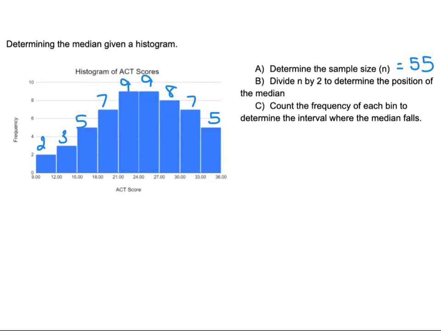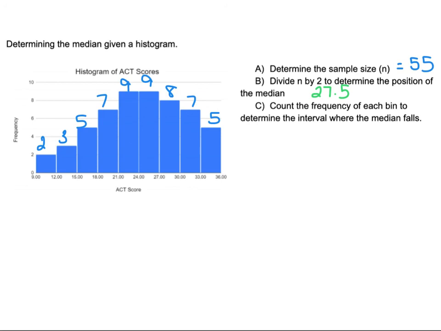All right, so I'm going to divide my sample size by 2 to determine the position. So 55 divided by 2 is 27.5. What does that mean? Well, that means that my median is at 27.5. Well, that would mean between the 27th and the 28th data point.